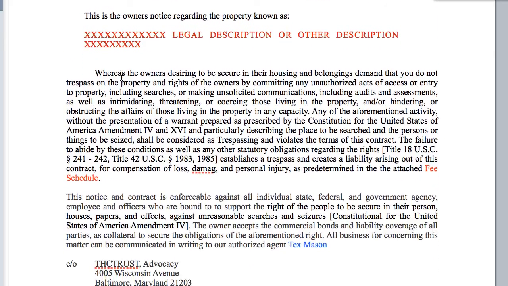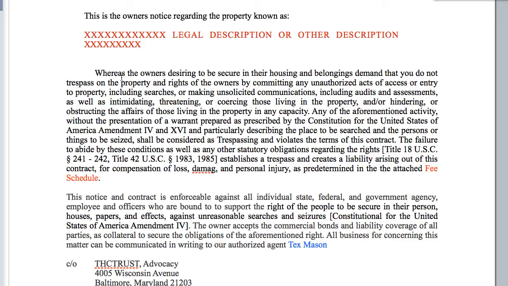Whereas the owners, desiring to be secure in their housing and belongings, do demand that you do not trespass on the property and rights of the owners by committing any unauthorized acts of access or entry to the property, including searches or making unsolicited communications, including audits and assessments, as well as intimidating, threatening, or coercing those living in the property, and or hindering or obstructing the affairs of those living in the property in any capacity.